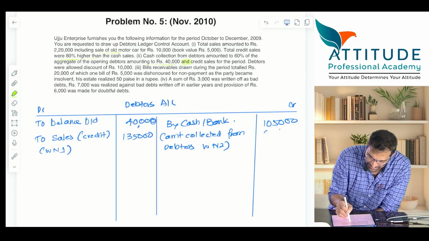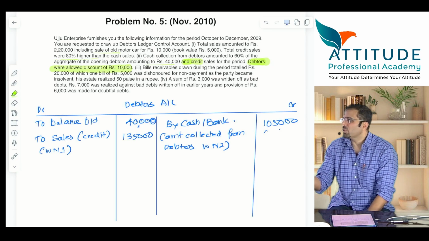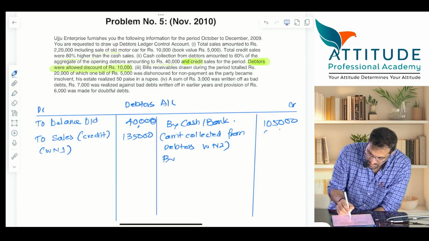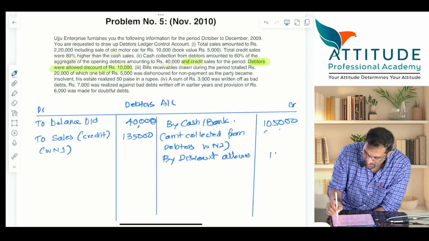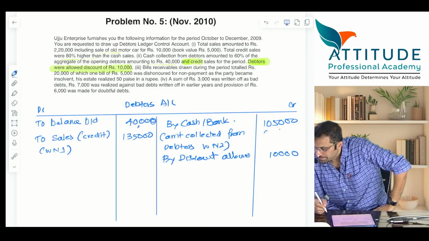Now and one more here, and here are debtors. Debtors were allowed a discount of how much? 10,000. This everyone knows. Tell me the entry. Discount allowed to debtors. So by discount allowed, how much? 10,000, already given. Next.